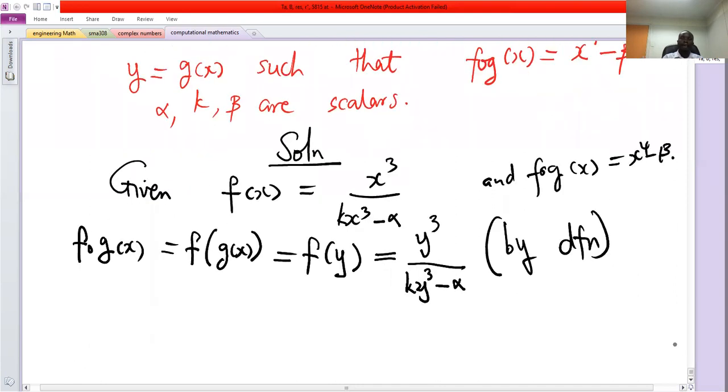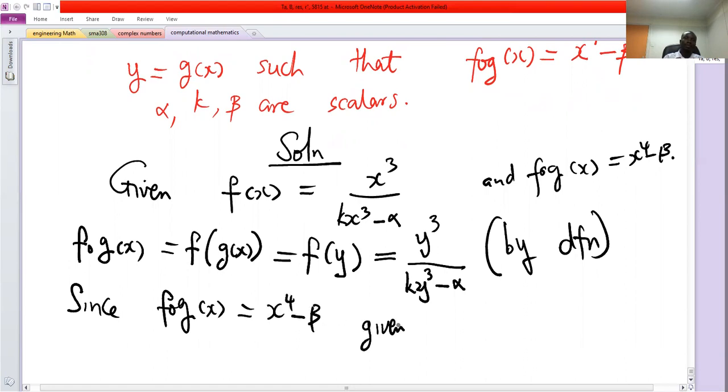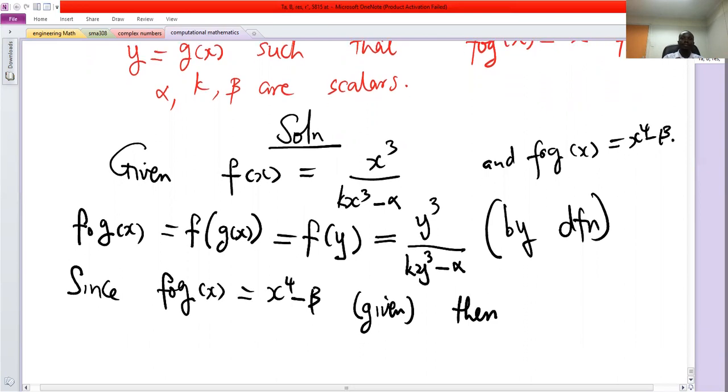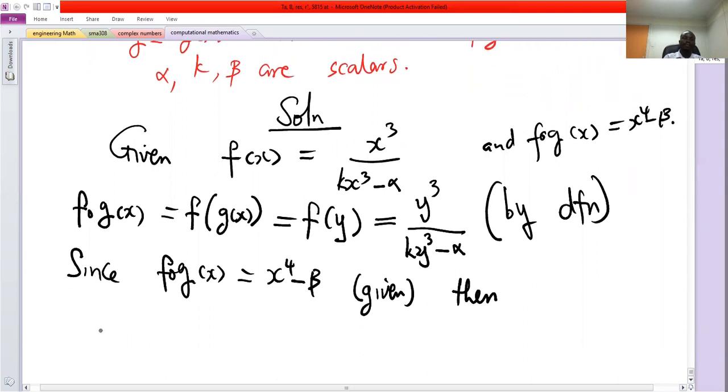Now, since f composed with g is x power 4 minus beta, this is already given in the question, you can equate this to this one because they are defining the same function.